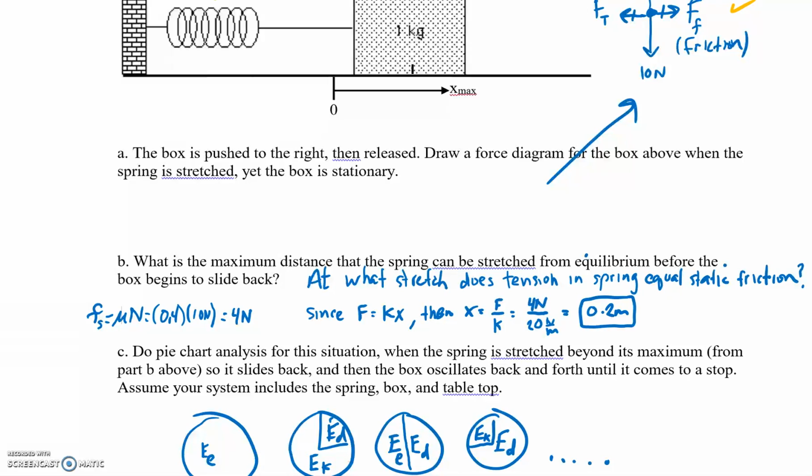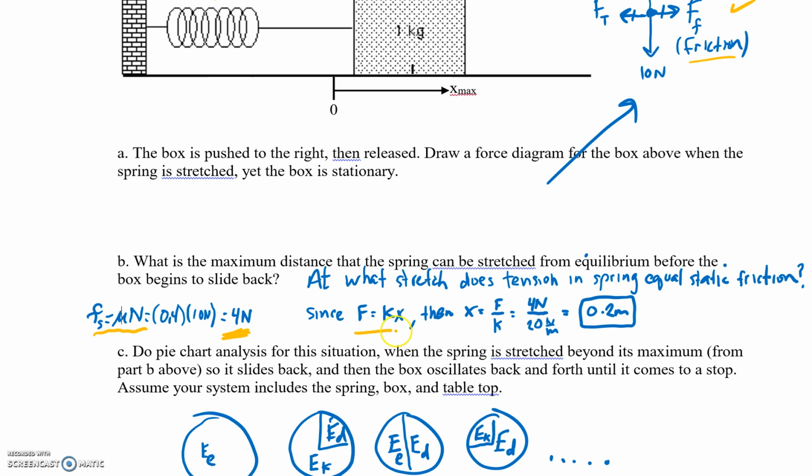So that means we have to figure out the stretch at which we hit that static friction level. Static friction using the friction equation is 4 newtons. That means anything over 4 newtons of force will cause the object to overcome the static friction and start to move.